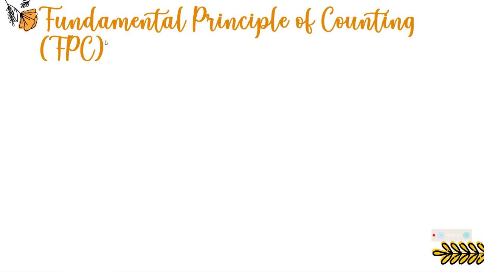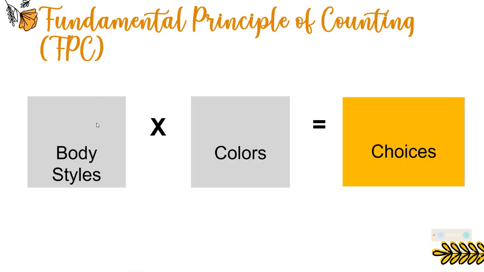And if we are going to use the fundamental principle of counting, we have the body styles times the colors is equal to the number of possible choices. So we have 2 body styles times 5 colors is equal to 10 choices. Okay, so question?